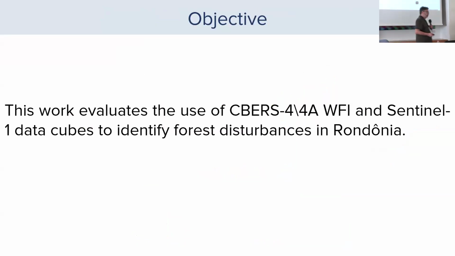So essentially, we're trying to see whether, using the techniques that Johannes has developed, the so-called BTS algorithm, we could combine these with optical and SAR data to identify forest disturbances.